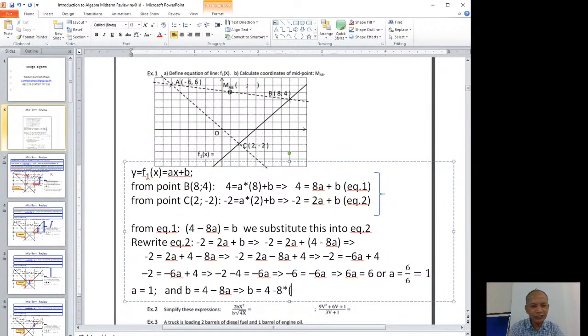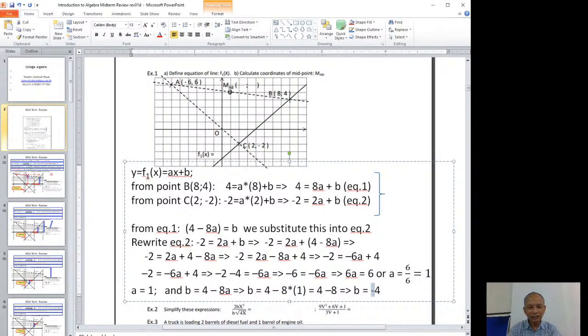What is a? a is 1. So 4 minus 8, then b equals negative 4.